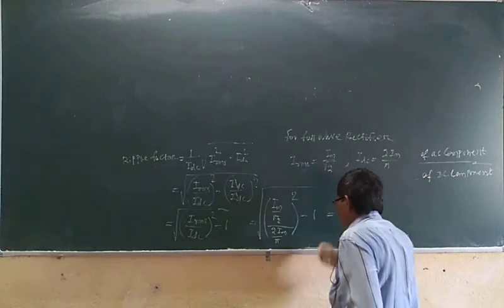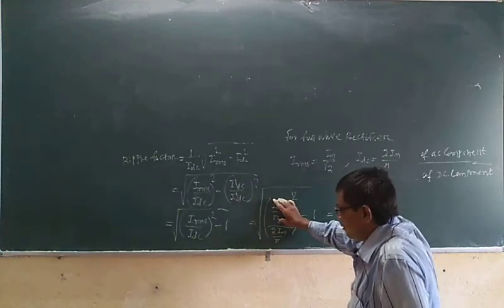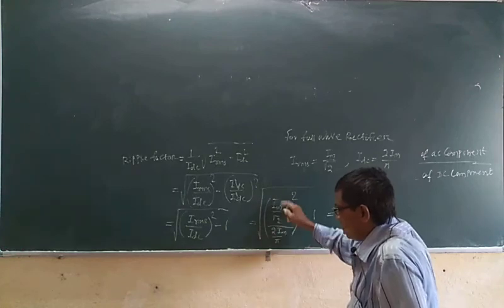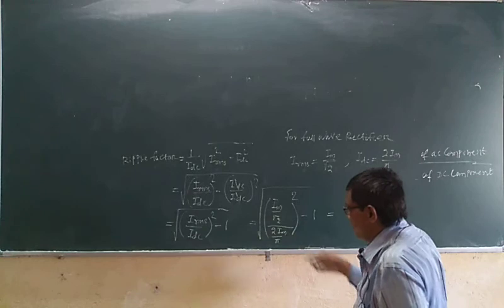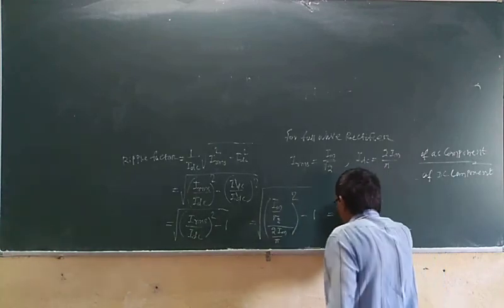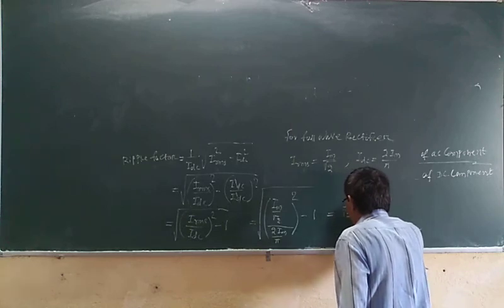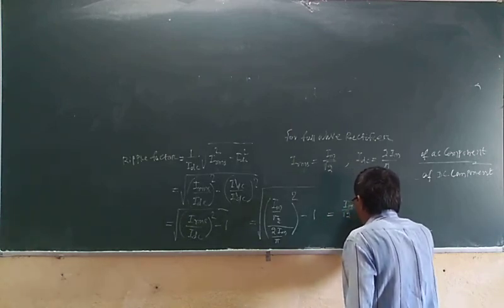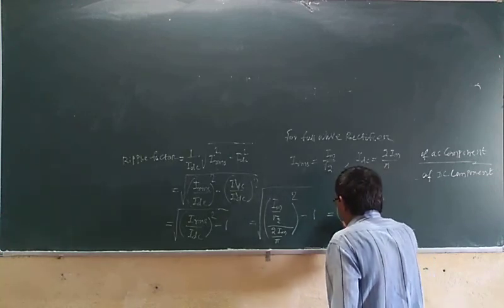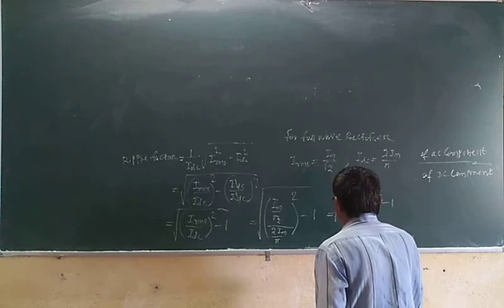Simplifying the fraction, we multiply in the opposite order: IM by root 2 into pi by 2 IM, squared, minus 1, under root.